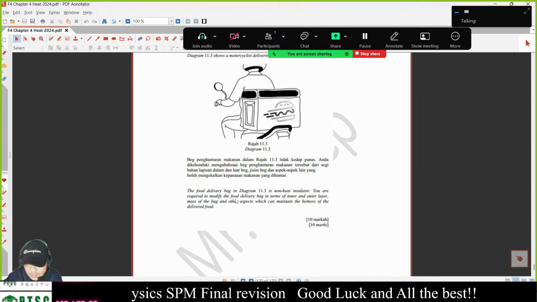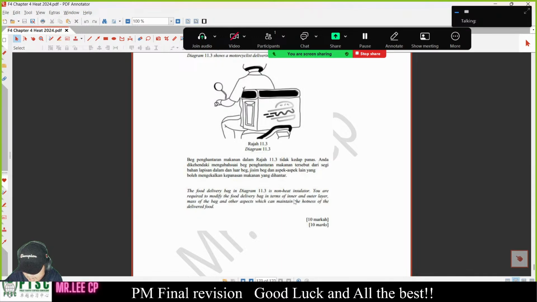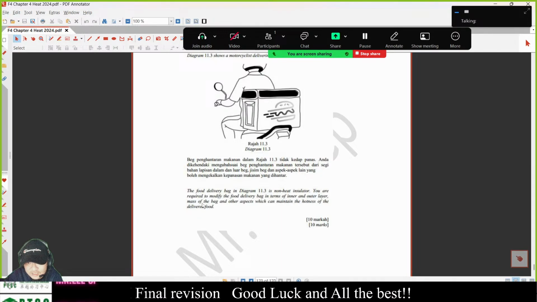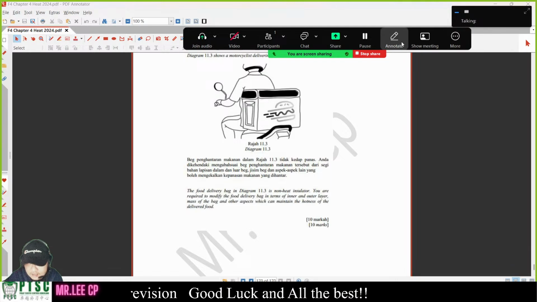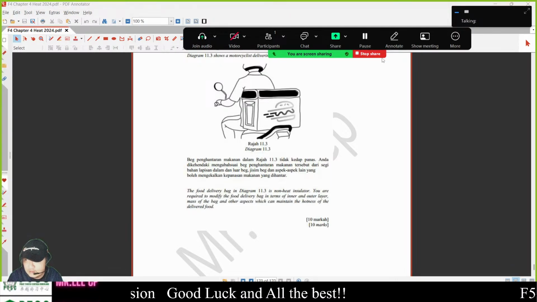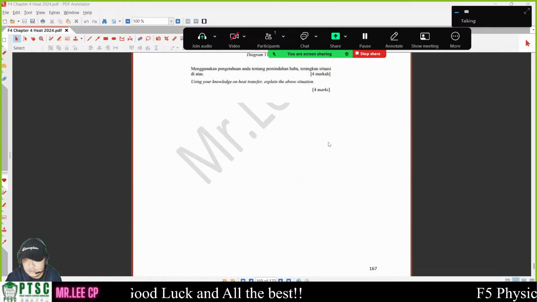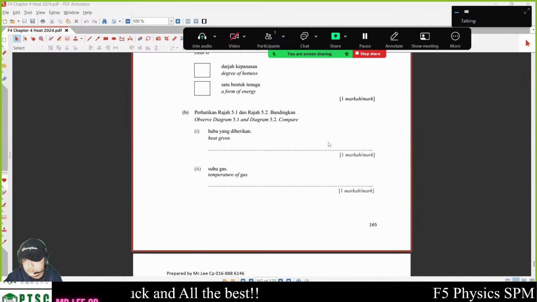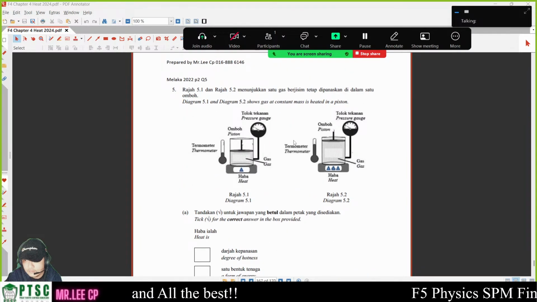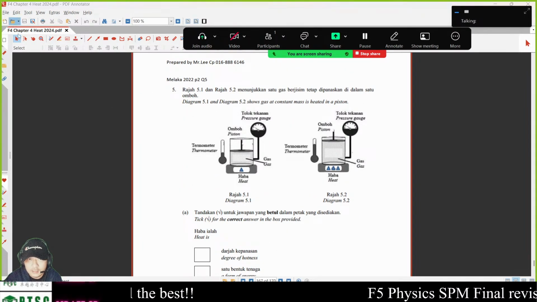You are required to modify the food delivery bag in terms of inner and outer layer, mass of the bag, and other aspects. The answer for this one is not given, so I give you the answer. This one is Melaka 2022.